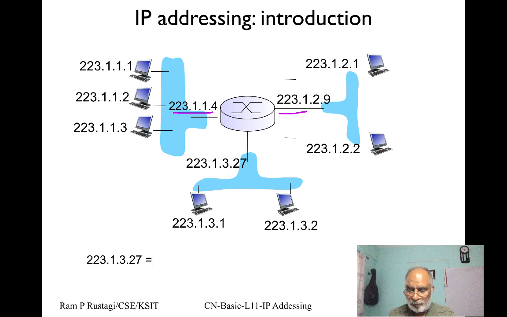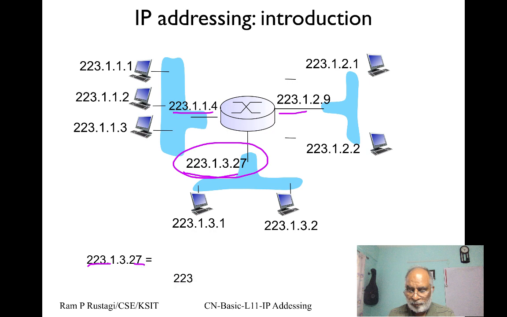I want to look at how this looks in binary. So look at the router interface 223.1.3.27. You write it in binary: 223 in binary, then 1 in binary, 3 in binary, and 27 in binary.